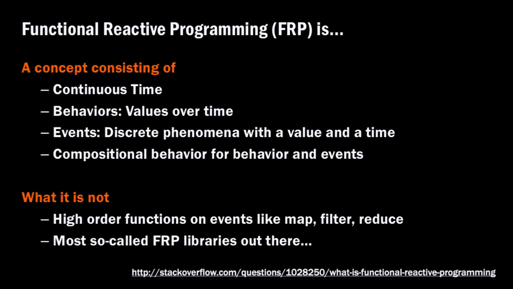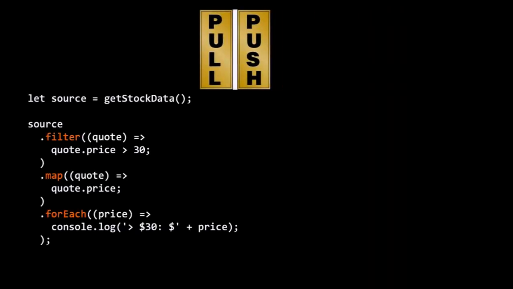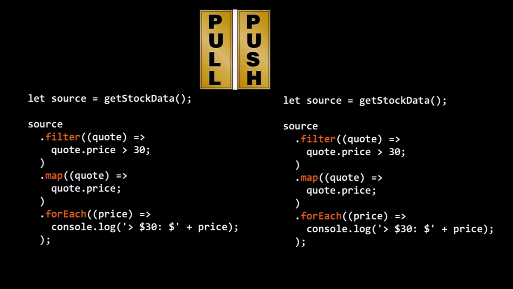It's not just adding map, filter, and reduce onto events. So just call us whatever. I mean, call us compositional event processing if you're not into the whole brevity thing. And like I said, between the push and the pull world, there is no difference. Filter, map, for each, filter, map, for each. All of those are exactly the same.